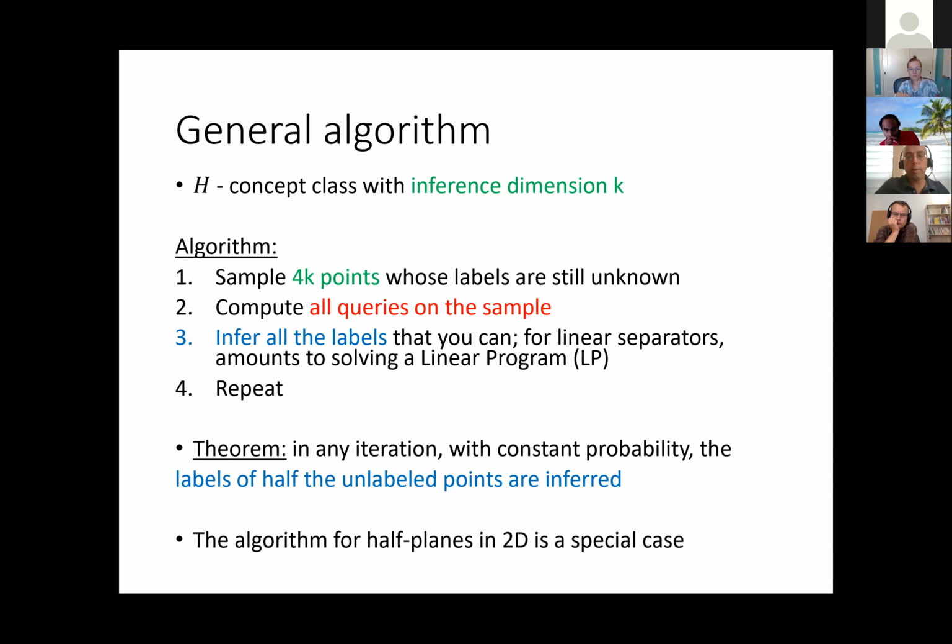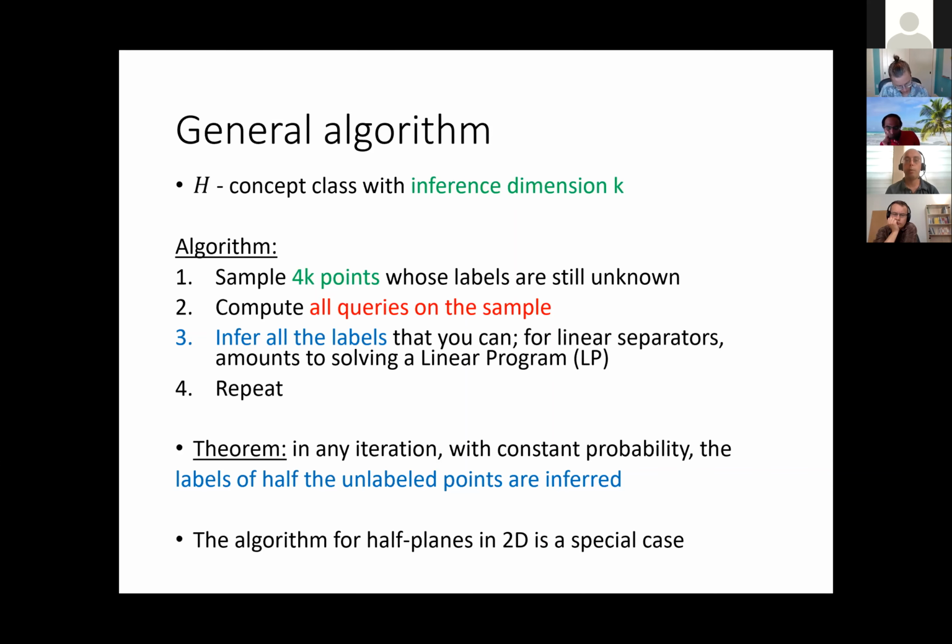And again, the theorem said that if the inference dimension is k, and you sample slightly more points, 4k, in every iteration, then with some constant probability, you're going to label half the unlabeled points in every iteration. And again, so we only need log n iterations here. And the algorithm in this 2-dimensional case was just a very special case because we said in 2 dimensions the inference dimension is 7, 4 times 7 is 28, which is why we had 28 points there.